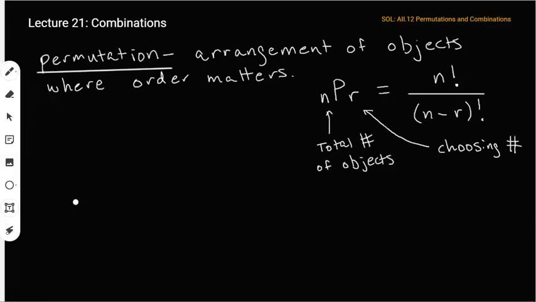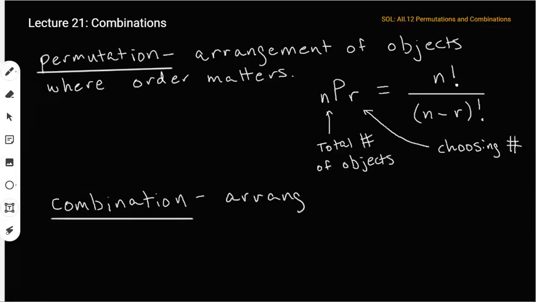Today, we're going to be learning about another type of arrangement called combinations. A combination is an arrangement of objects where order does not matter.